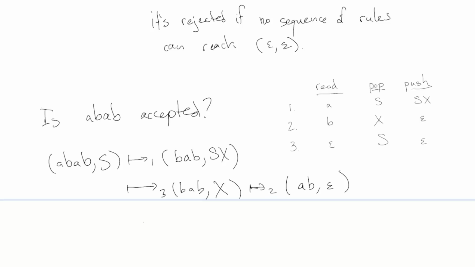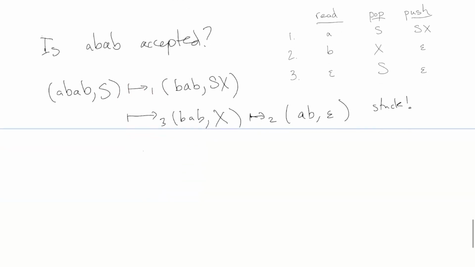And now from there we're stuck. The stack is empty, and there is no pop epsilon rule here. So there's no way to proceed from here. Stuck. Now, are we stuck because the string is rejected or because we made bad choices? It is possible that maybe there was some other way that it could have been accepted. Although, what choices did we make? Actually, the only choice we made was in the very first step.